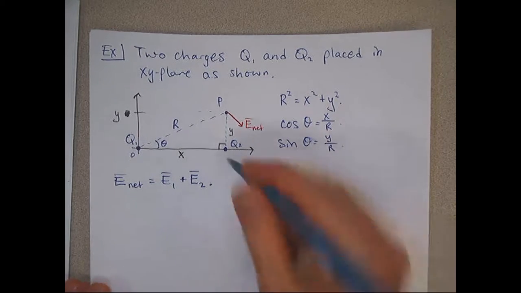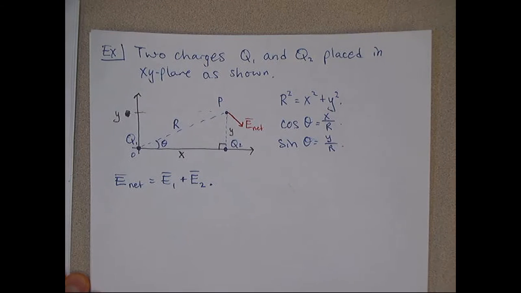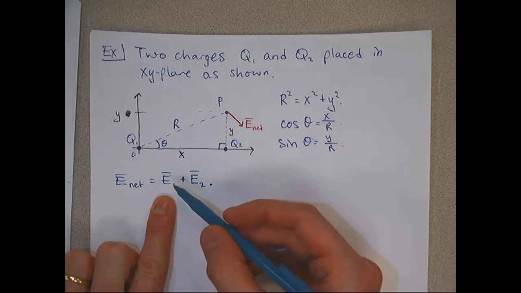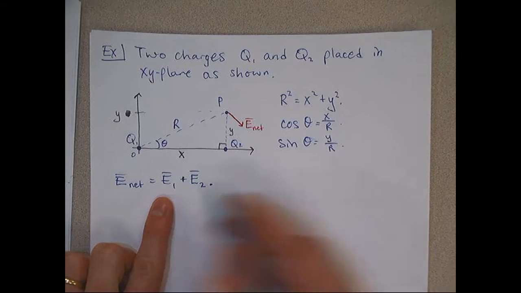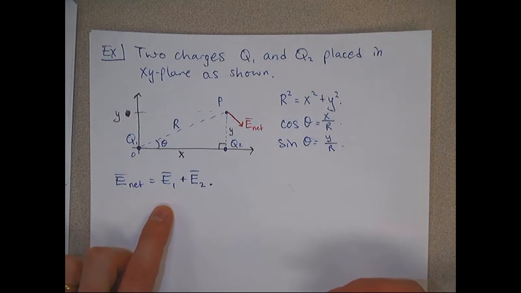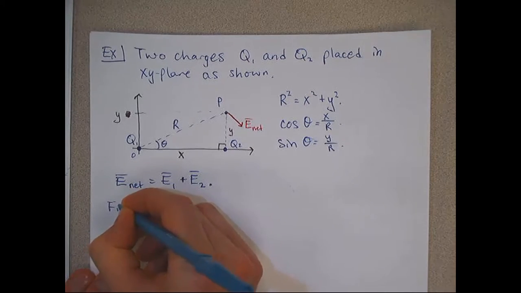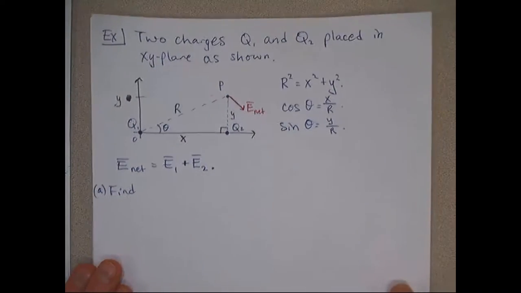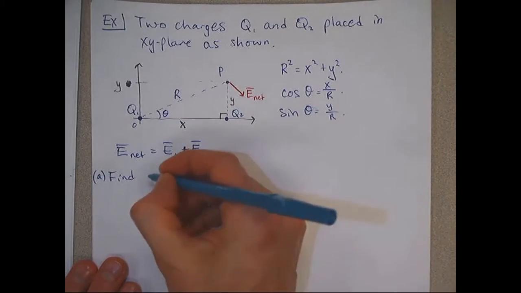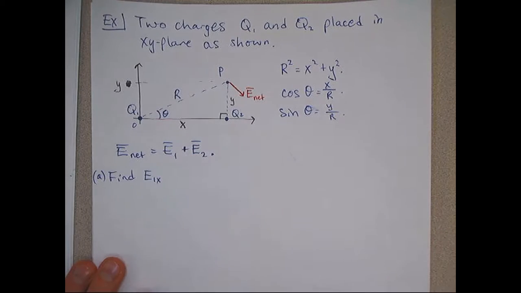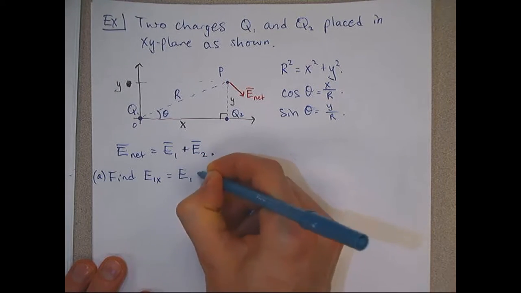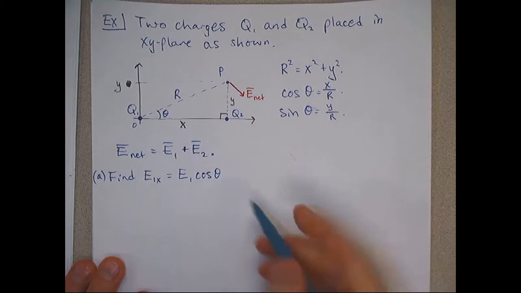So this follows the problem-solving steps on page 13. We need to break up and solve for the x and y components of these vectors E1 and E2 separately. So let's find the x component of the E1 vector, which is going to be E1 cos theta.